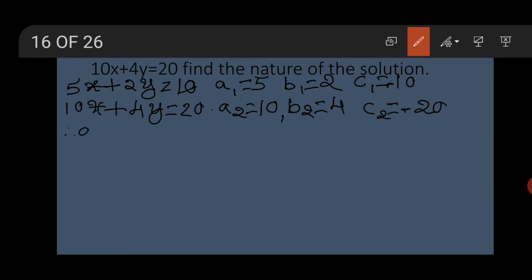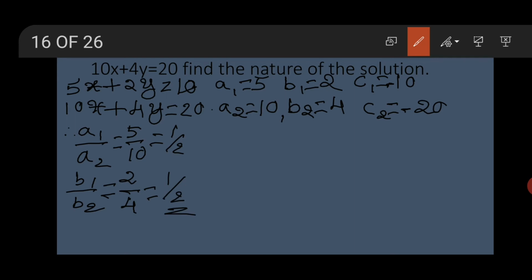Therefore, the ratio a1 divided by a2 is equal to 5 divided by 10, which is 1 by 2. Similarly, b1 divided by b2: substituting the values, b1 is 2 and b2 is 4, so again you will get 1 by 2. Then find the value of c1 divided by c2. It is equal to minus 10 divided by minus 20, so again 1 by 2.